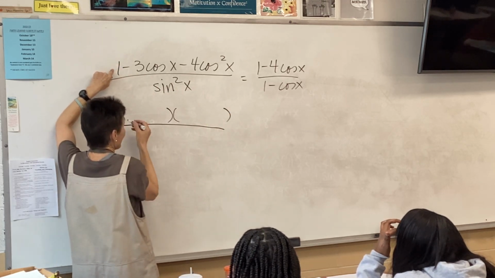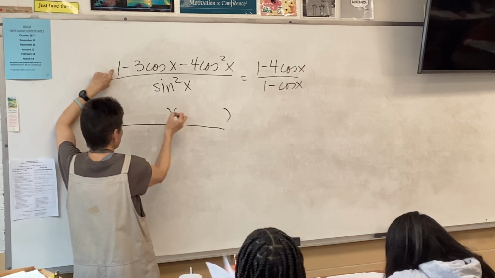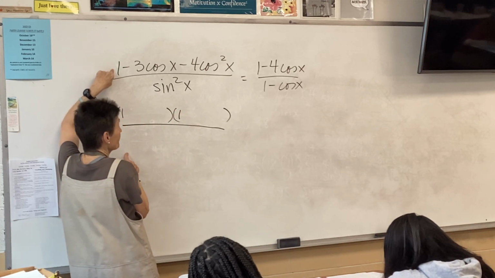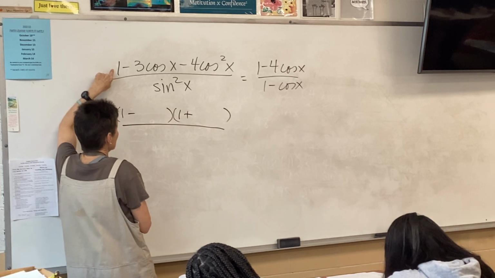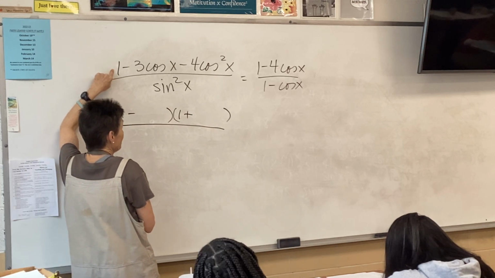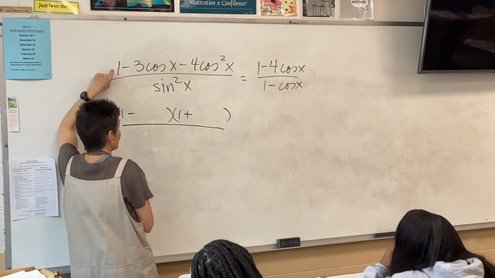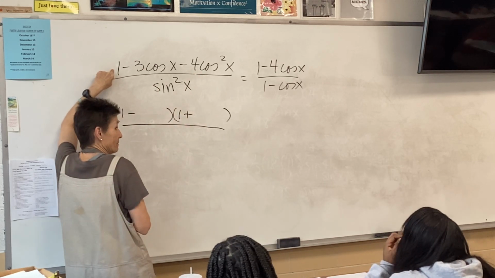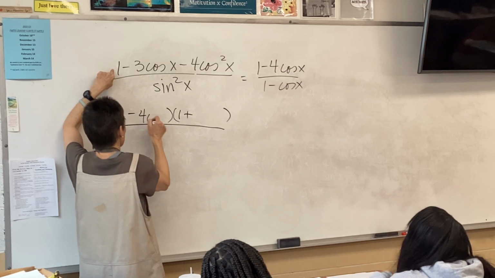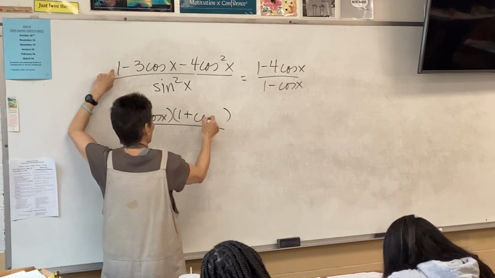How does that factor? 1 and 1, right? Yep. I'm going to need a minus and a plus. And then what? What times is the 4 and adds to 3? Minus 4 cosine and plus 1 cosine.